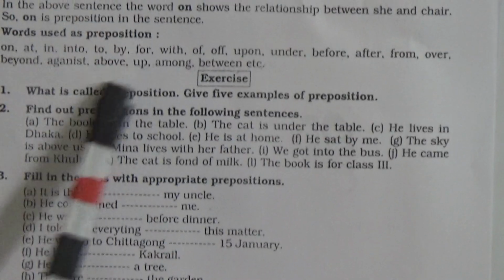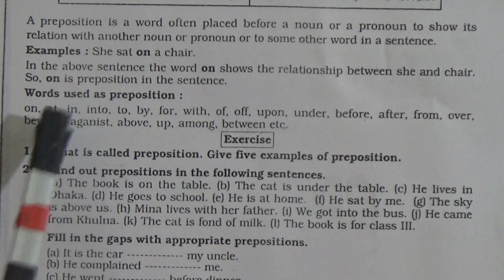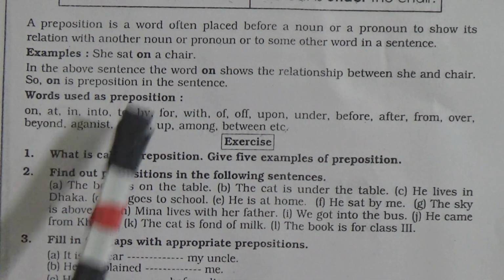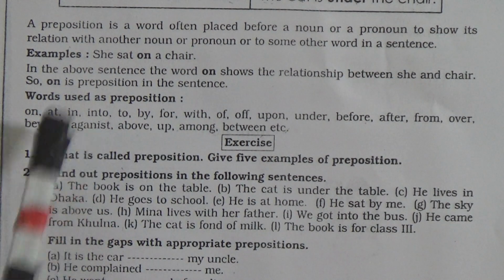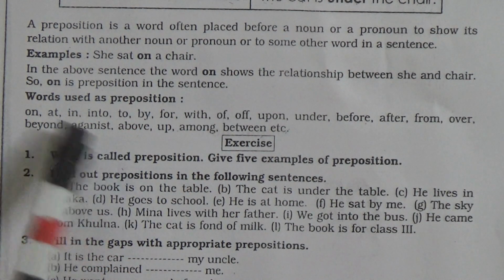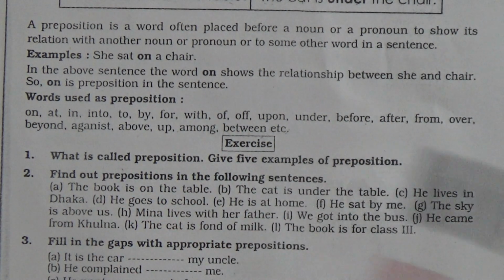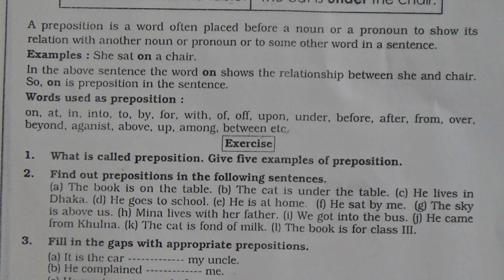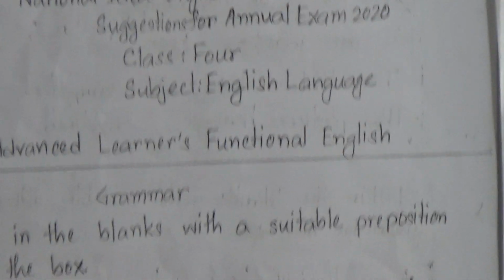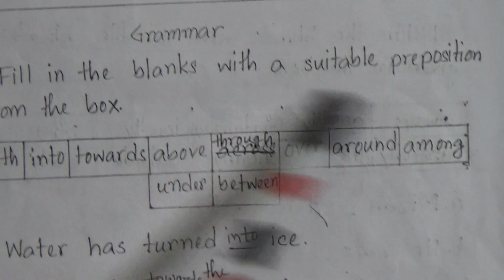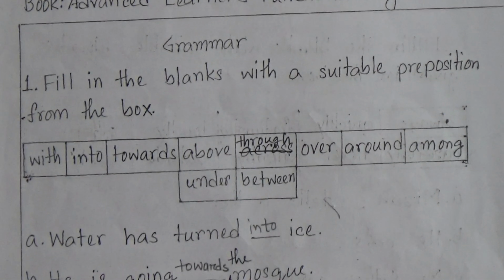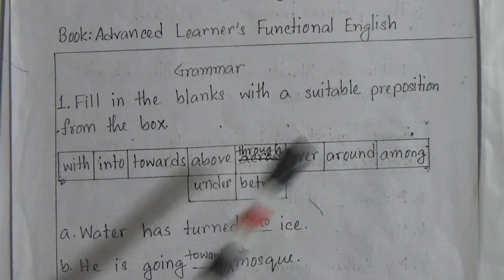Now I am going to discuss when you will use some prepositions like on, at, in, or like against, before, after. Then we will do some exercise. Here you will get some clues and you have to fill the gaps by using these clues.